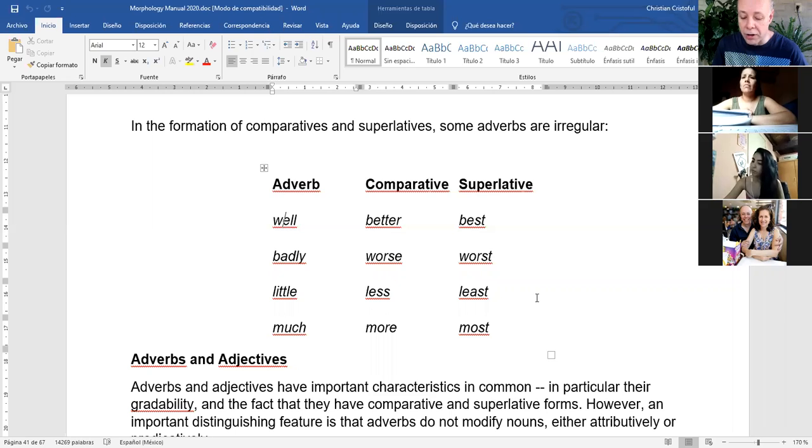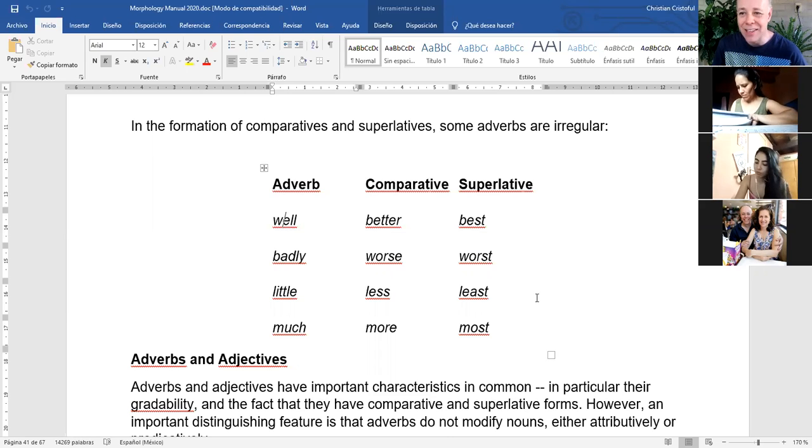Yes, there are rules. Rule number one: is it modifying a verb? It is an adverb. Is it modifying an adjective? It is an adverb. Is it modifying another adverb? It is an adverb. So a word that modifies verbs, adjectives, or adverbs is called an adverb.